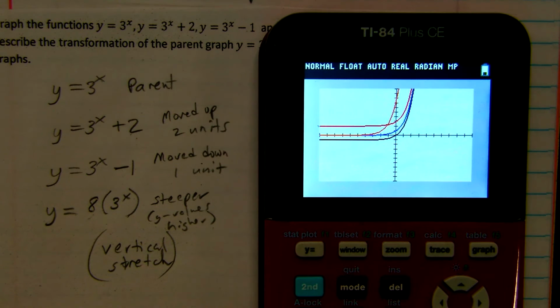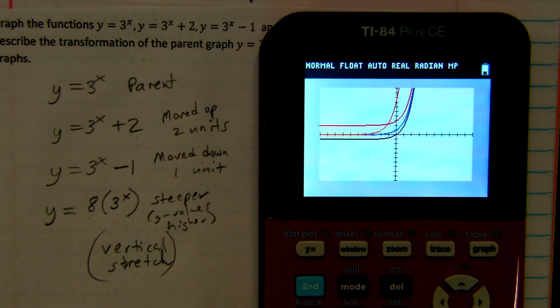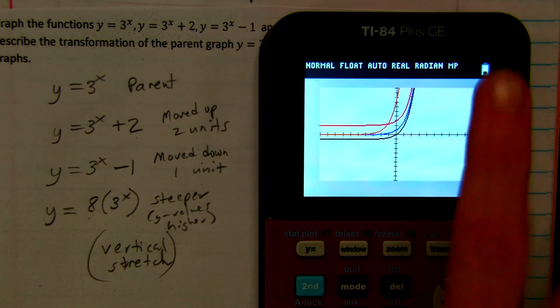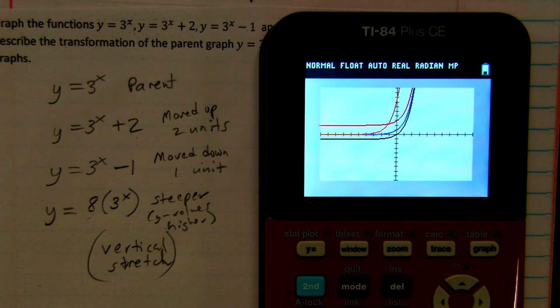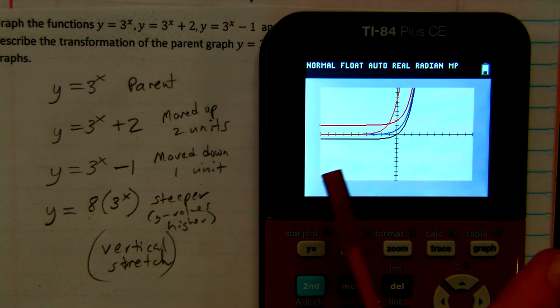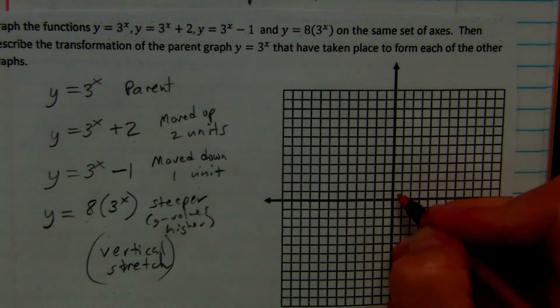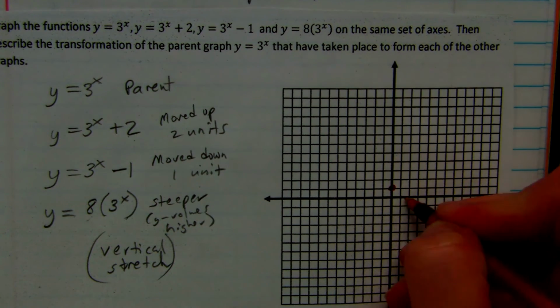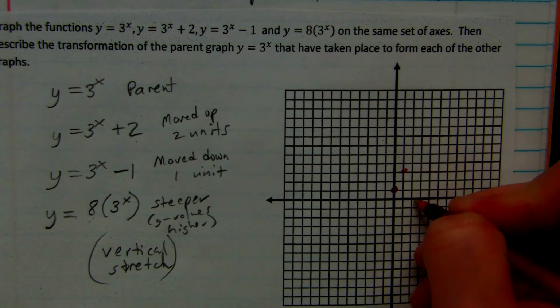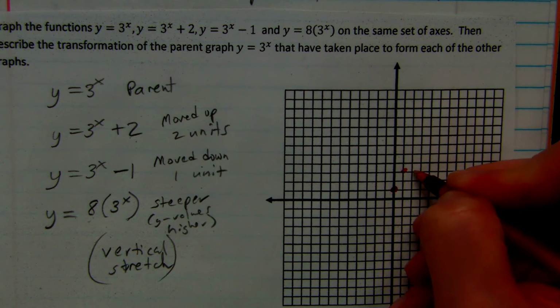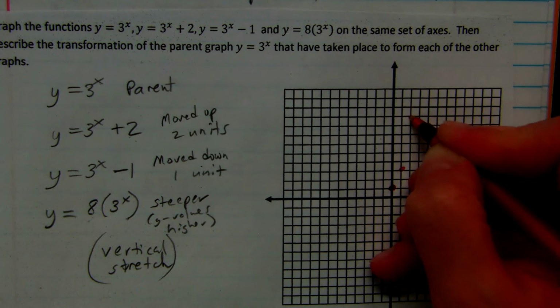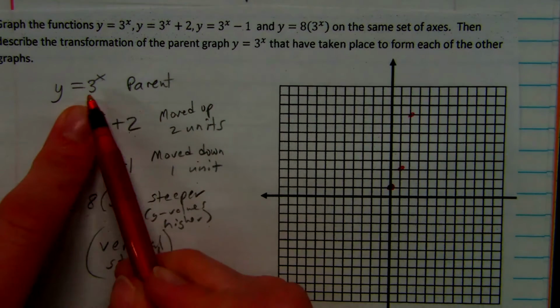Okay? Now I'm going to talk you through how we're going to put this onto the graph. We're just going to copy all this over. I'm going to use the same color, so I'm going to start with red. So I'm going to do 3 to the x in red. So 3 to the x goes through at 1, and then at 1 it'll be 3, and then 3 squared would be 9. I'm doing the original 3 to the x.